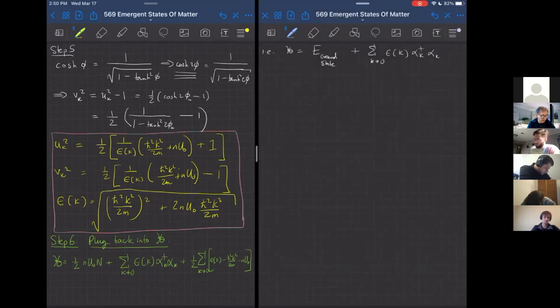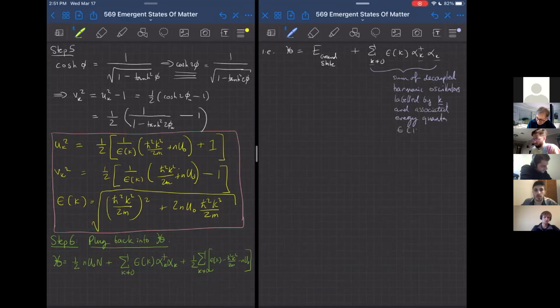So what I have here is essentially a sum of decoupled harmonic oscillators, labeled by k, it's really a vector, of course, and associated energy quanta given by epsilon of k, which we've calculated over here.